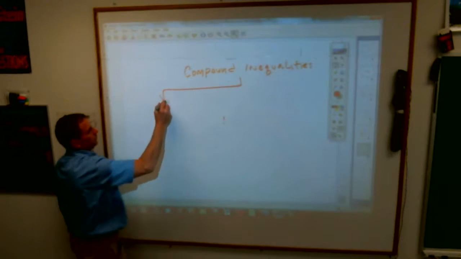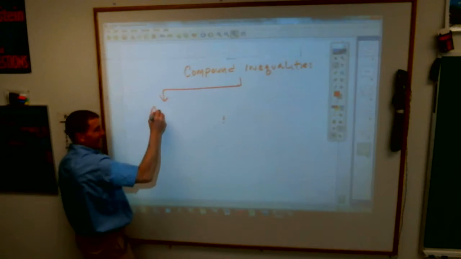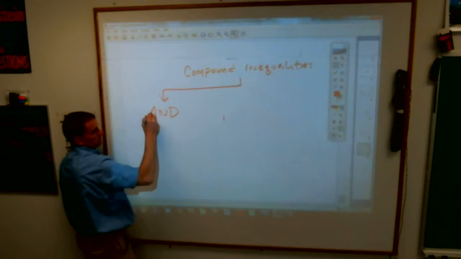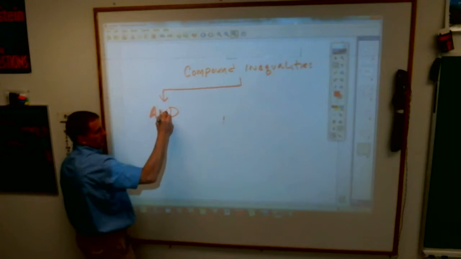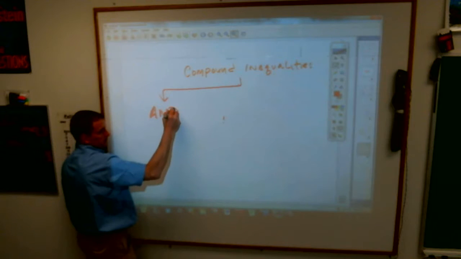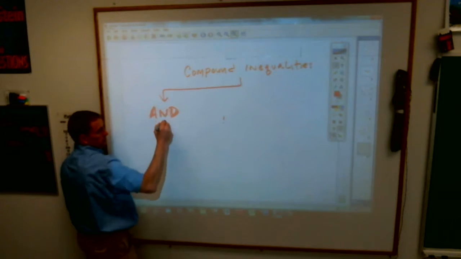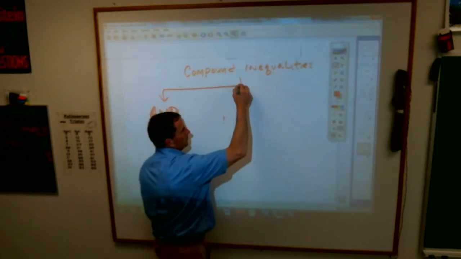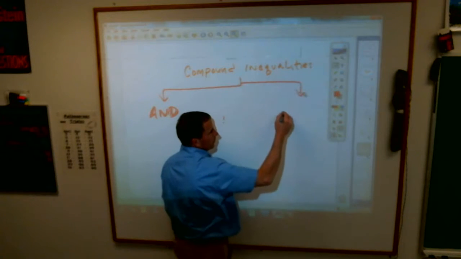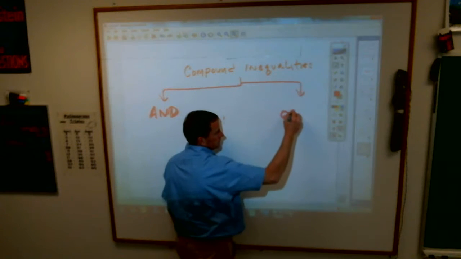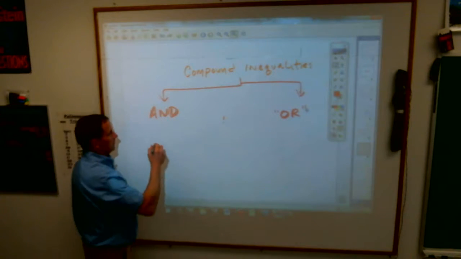They come in the form of "and" compound inequalities, and they come in the form of "or" inequalities. We've got "and" "or".